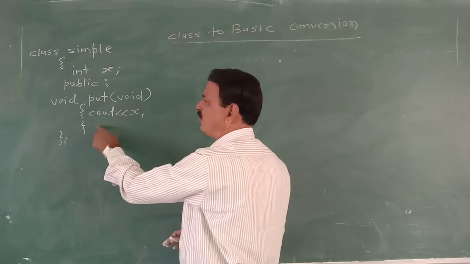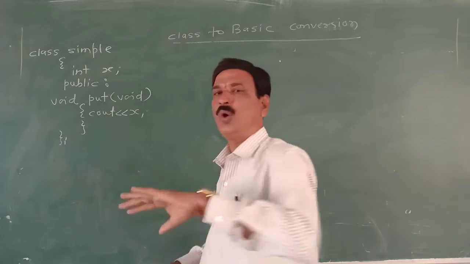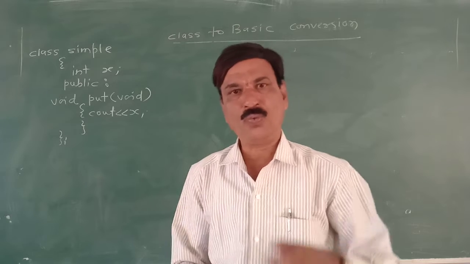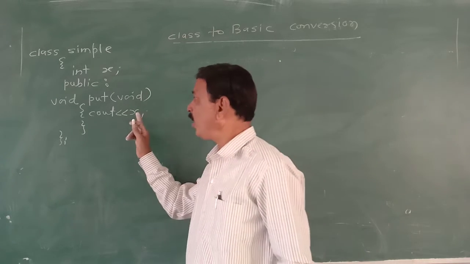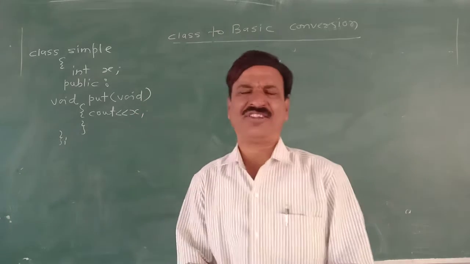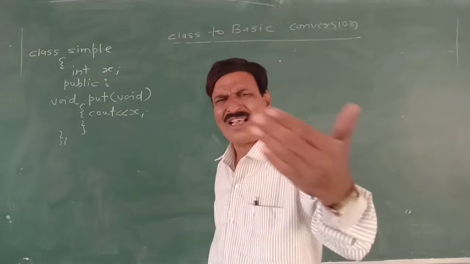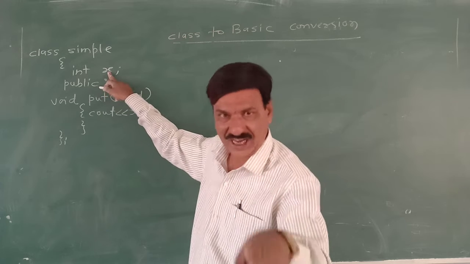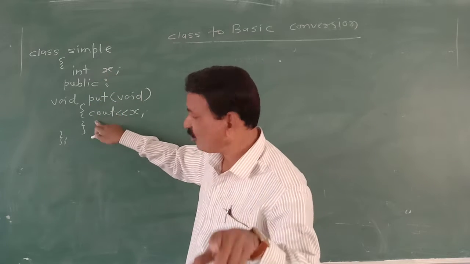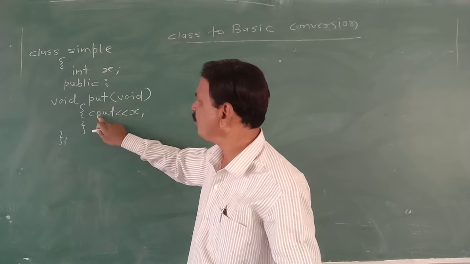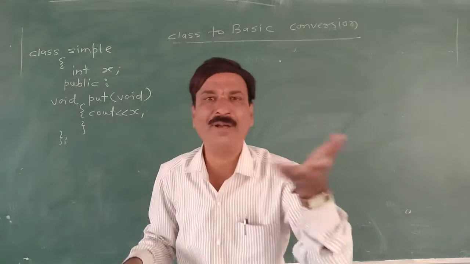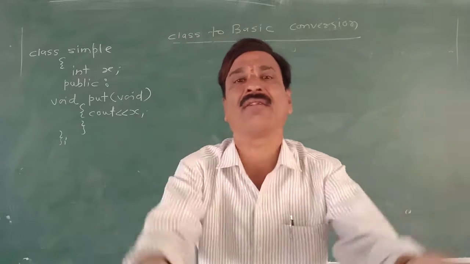We have defined the put function, but what is it doing? It is printing x. So without initializing, how are we going to display that? Surprising. Unless x is initialized by a member function of its own class, how is it possible that cout x can take place, and what will the value be in x?